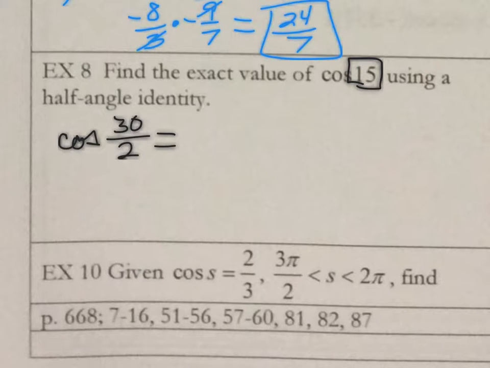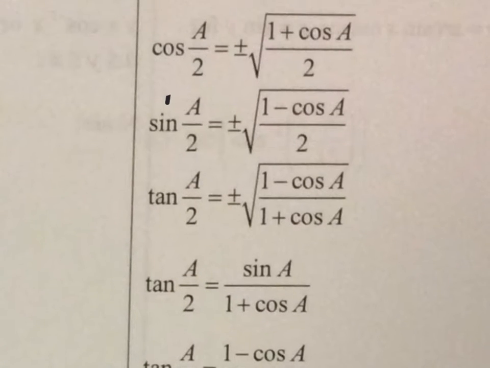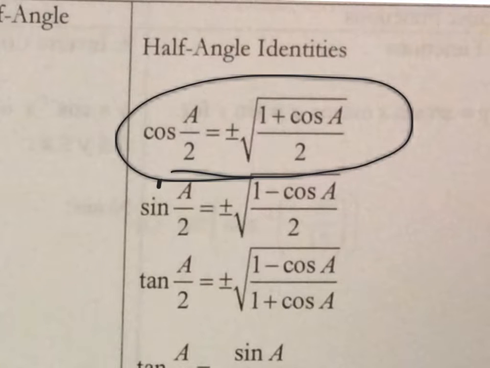Okay, so now if we apply this identity, cosine of a over 2 is equal to plus or minus the square root of 1 plus cosine a over 2. So you say, well, which is it, plus or minus?